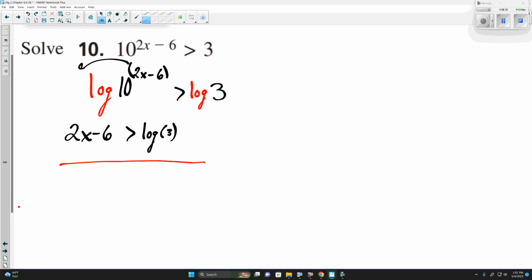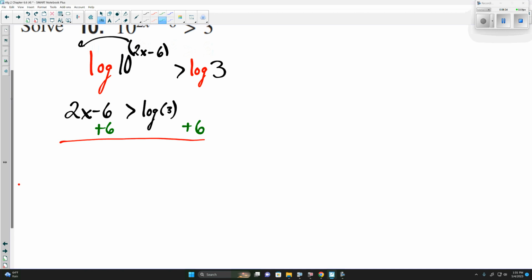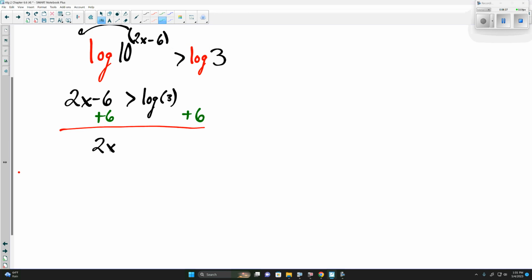What can we do next? I would wait to the very end to do any calculations. The only time I would say to plug anything into the calculator and simplify it is if it simplifies nicely.